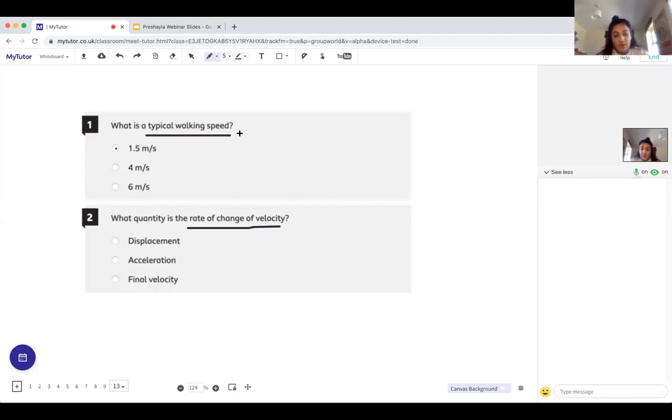The typical walking speed is 1.5 meters per second. And for the second question, it is acceleration. Acceleration is the rate of change of velocity. That's how it's defined. It's how the velocity changes over time.